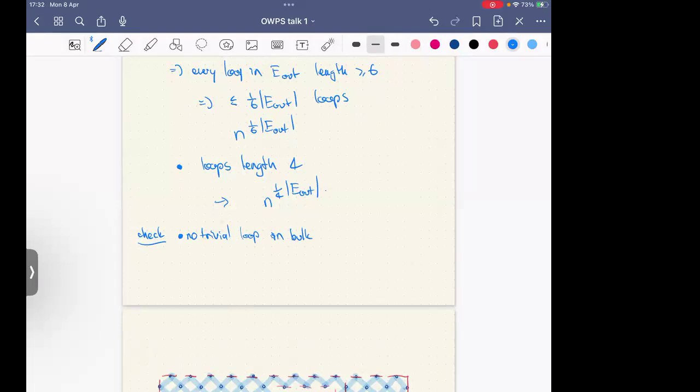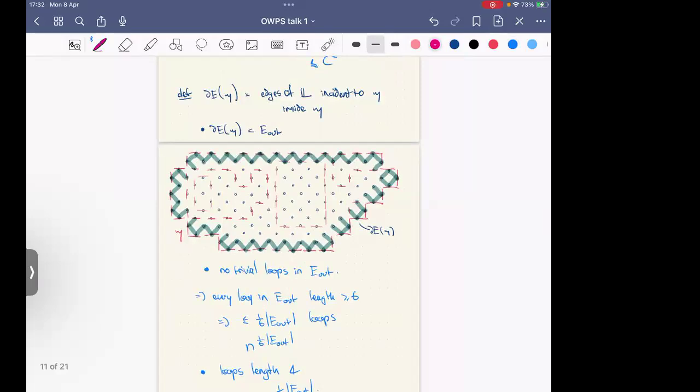Why? Because if I had one here, well, then it's a cluster, or maybe it's containing a larger cluster. But happy days, it's definitely in a cluster, so it's not in E out. It's not in the space around clusters. However, as we've defined it, things on the boundary are not clusters. Okay, so there might be these little ones on the boundary.